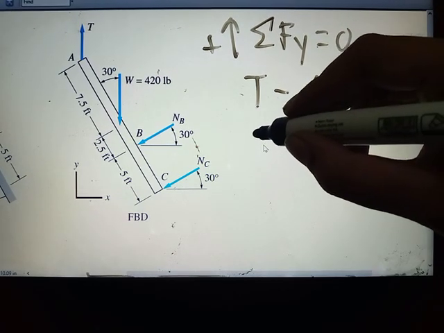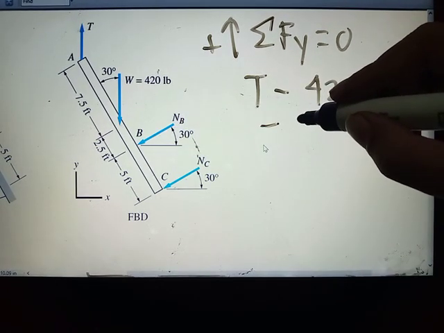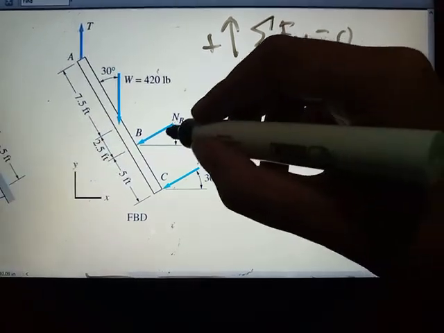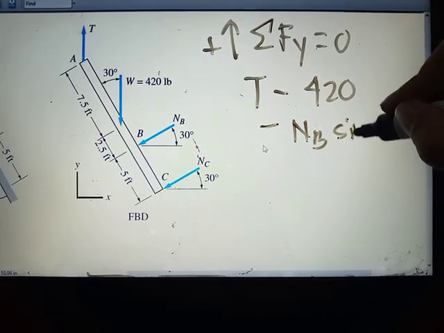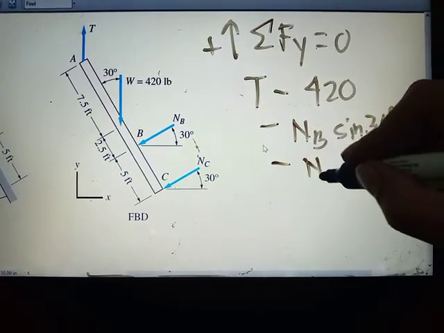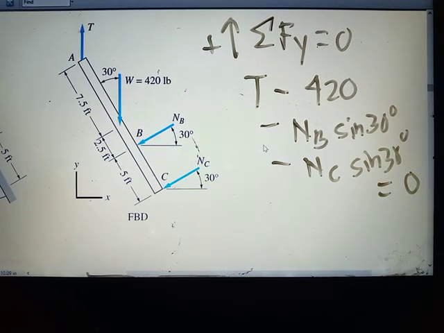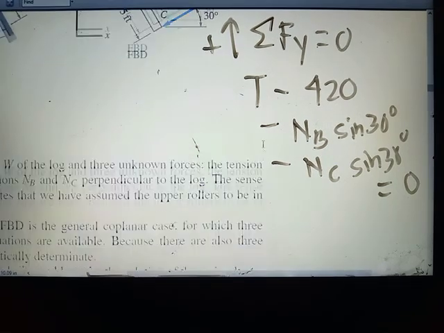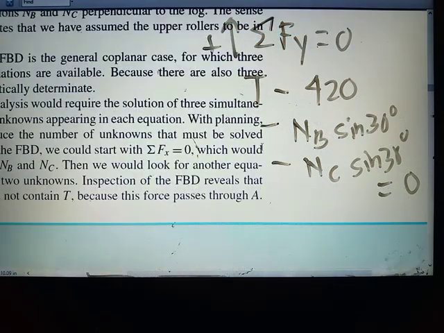And then minus NB sine 30 degrees, since the y component of NB is also downward, and then minus NC sine 30 degrees is equal to 0. That is the summation of forces along our y direction.